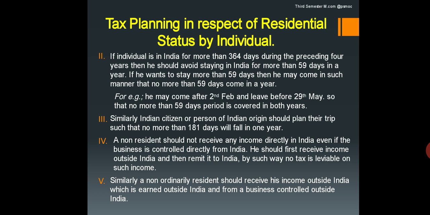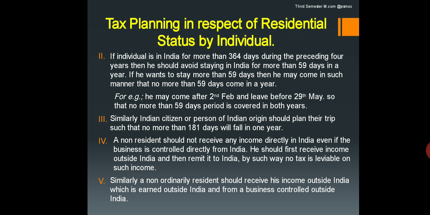Because for a not ordinarily resident, income received or accrued outside India from a business controlled outside India will not be taxable. But if that business is controlled from India, it will be taxable. Or income received in India, or accrued to be received in India, will be taxable. So he should not receive that money in India if his business is controlled outside India.